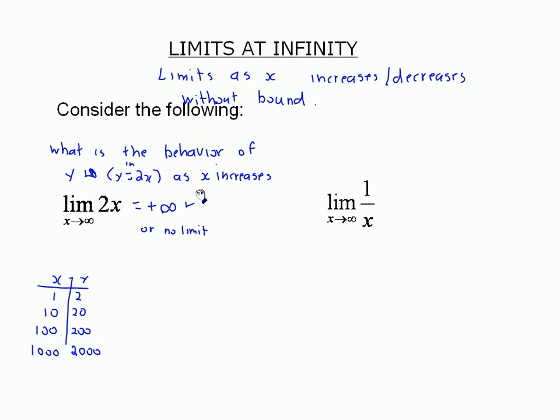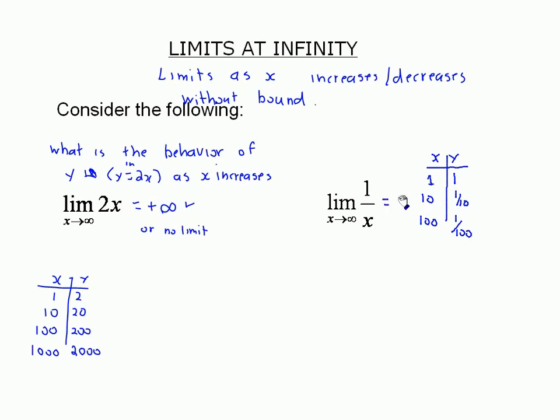And then the next one is also very common, even more common. The limit of 1 over x as x increases without bound. Well, play dumb with this one, and you set up a table of values, x and y, and x is 1, x is 10, x is 100, etc. And the y value is just the reciprocal. So it's 1, 1 over 10, 1 over 100, etc. So what we see happening is the y value is getting smaller and smaller, but not negative.